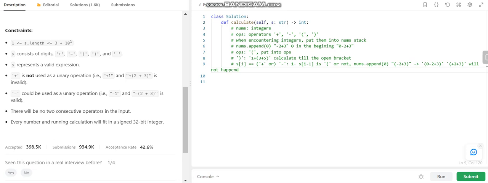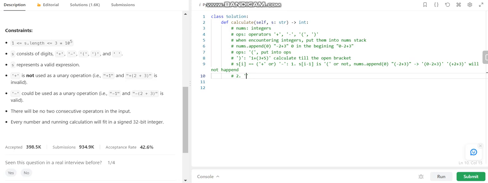And then the second thing that we need to consider is that we would like to also calculate all of the nums as well as operators between the open bracket and Si first, and then we can put Si into the ops stack. Why would we consider this?